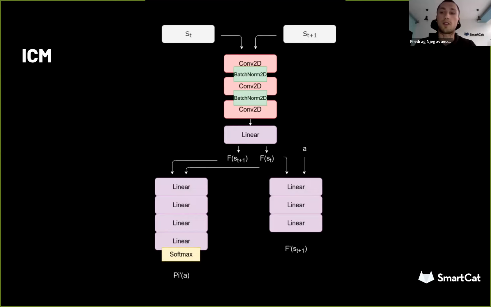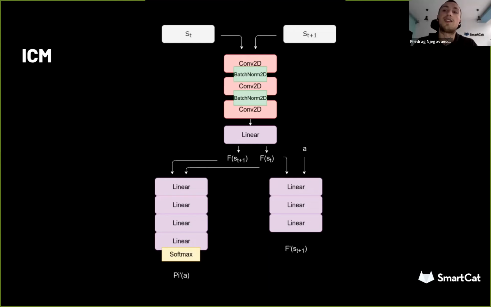It's trying to give an agent a push to explore unseen states. You extract features for the current state, S_t, and the next state, S_t+1. Then you try to predict the already extracted features, and when you subtract the vector of features for the next state and the predicted next state, you get a value that is an inner reward, and the agent will explore new states.